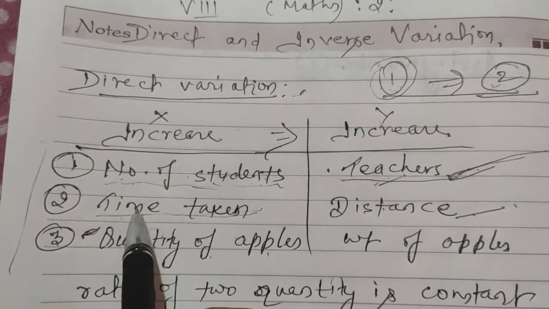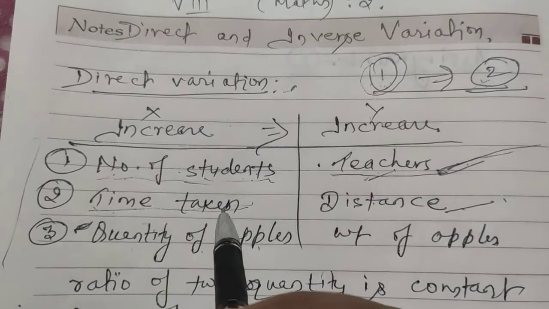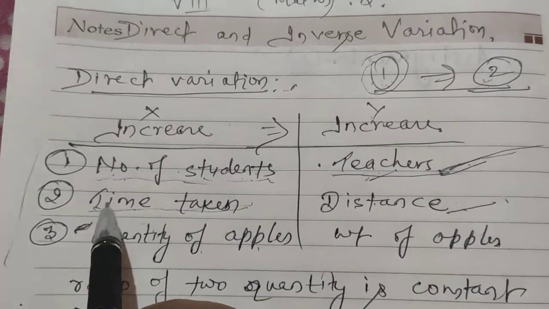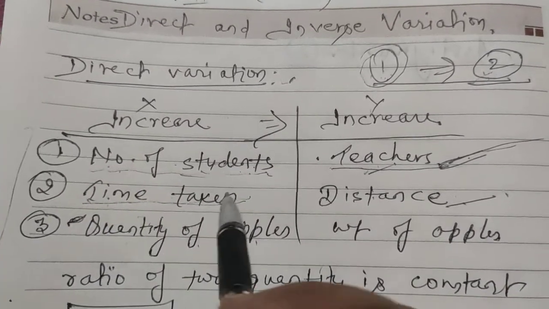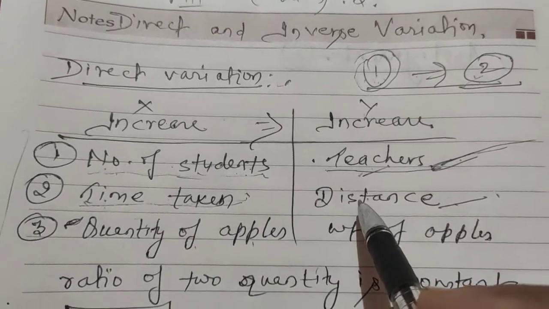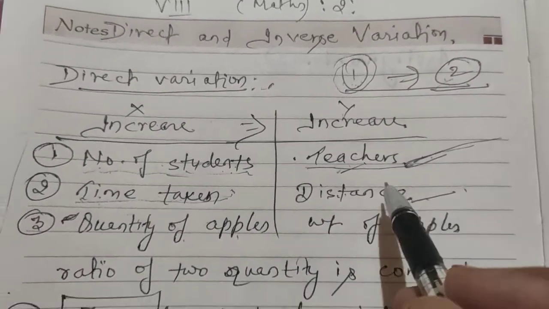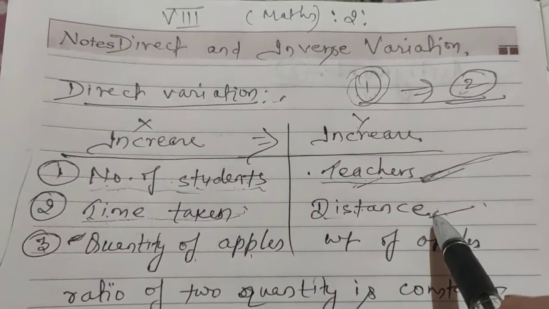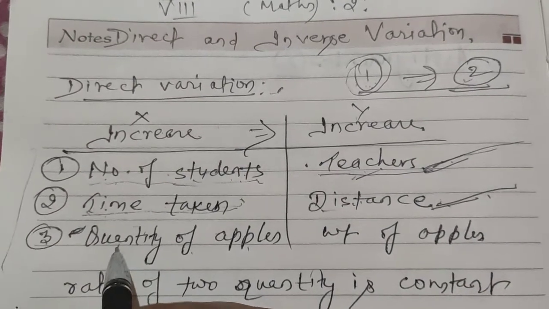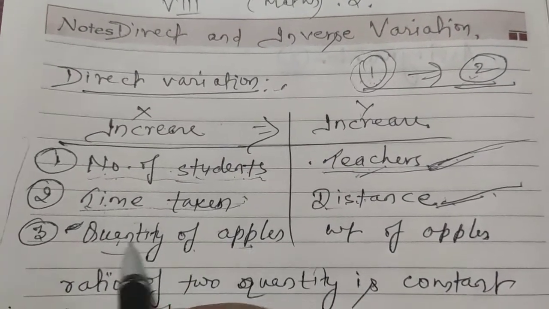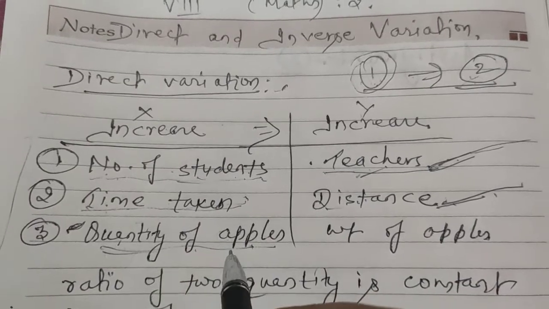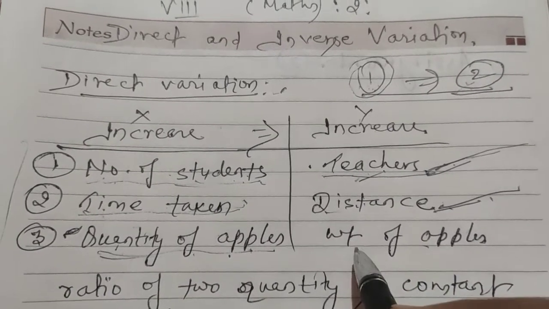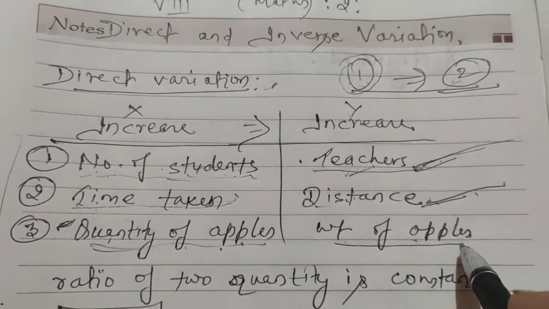Second one, the time taken. If you travel for more time, then you will cover more distance. Therefore it is also a case of direct variation. Similarly, if the quantity of apples is more, their weight will also keep increasing.